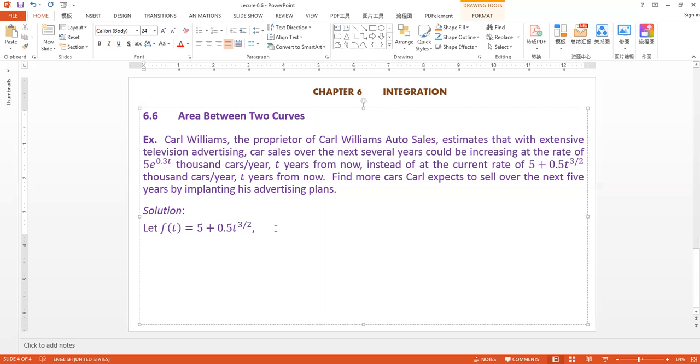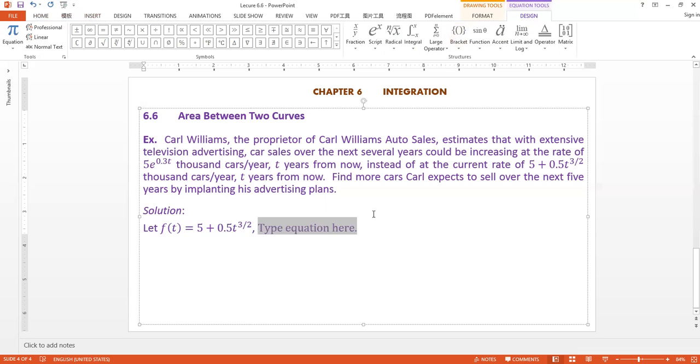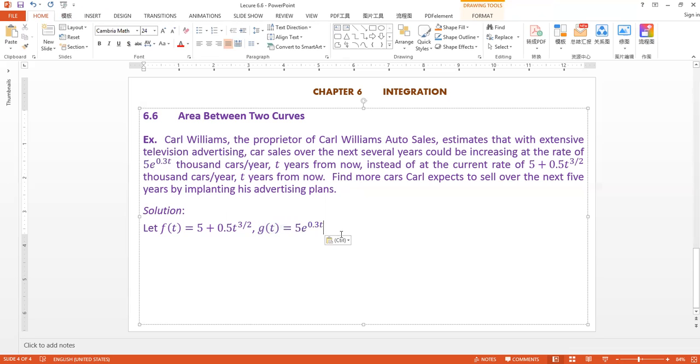And then the new plan, we can call it g. Okay, so it will give different rates of sale. So that'll be g, which is 5 times e^(0.3t). Okay, so now these are the two functions and the two curves.